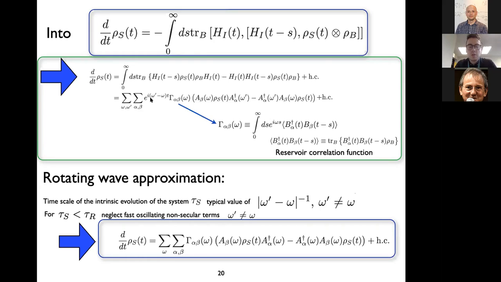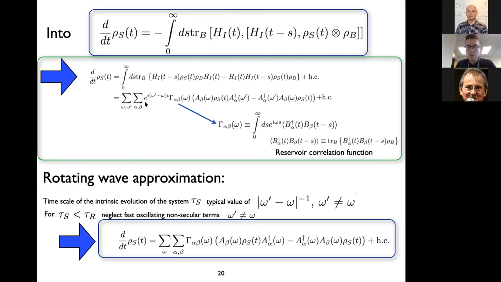So for terms in this equation of motion where omega does not equal omega prime, we can expect these terms to essentially average very quickly to zero over any timescale during which the state of our open system rho S varies appreciably.